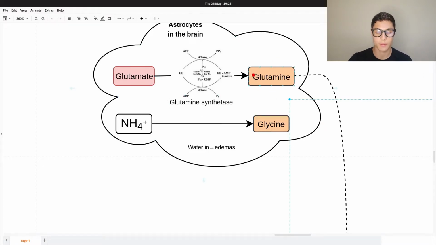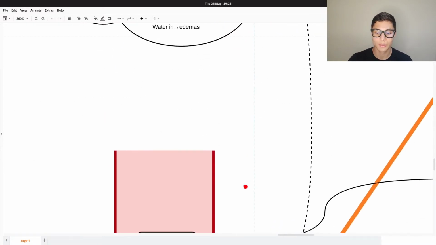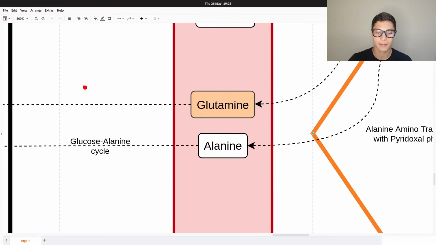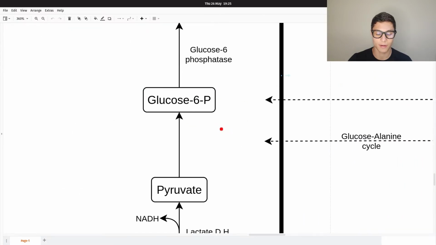Now, glutamine is very important because glutamine is the form of glutamate with another nitrogen, with another ammonia, with another amine group, and glutamine can travel to the blood and get inside the liver.